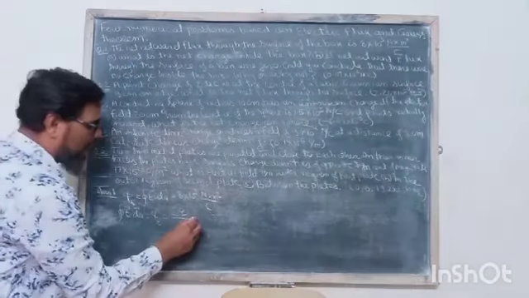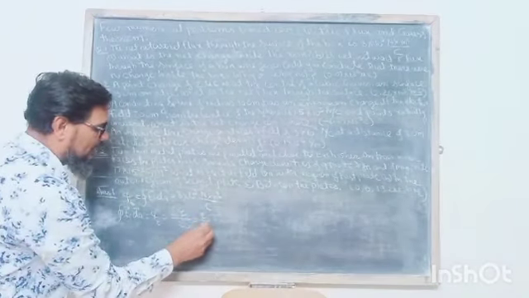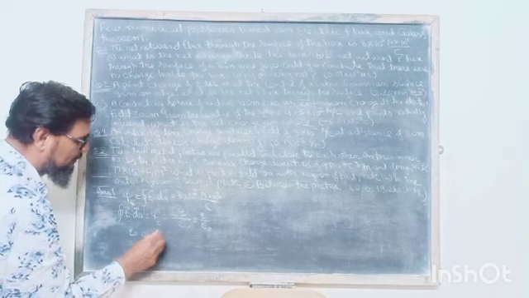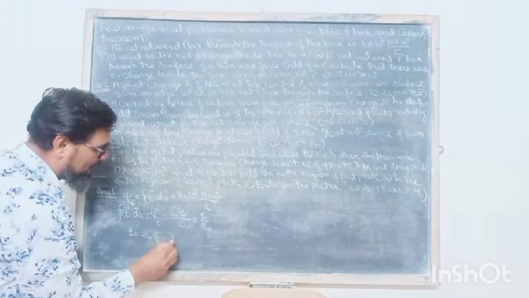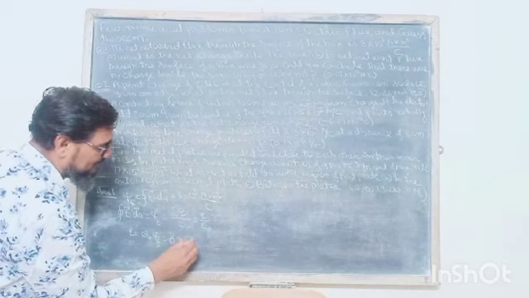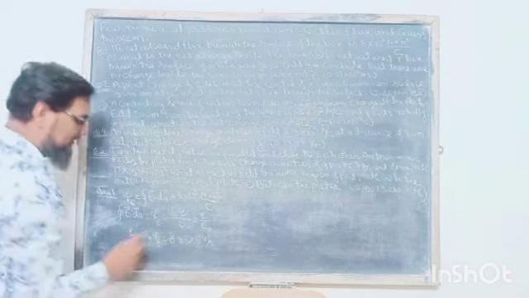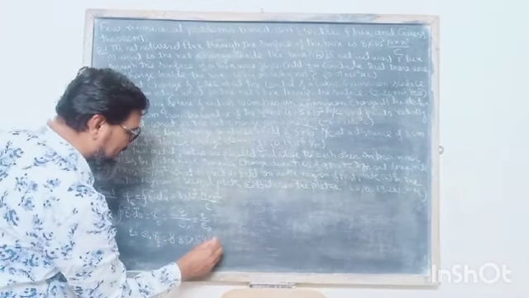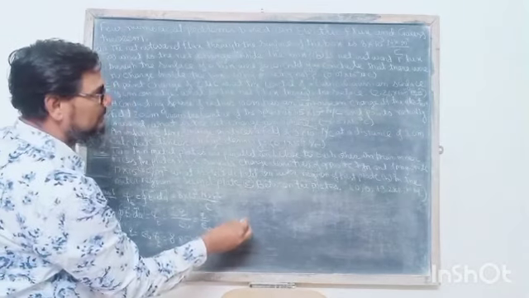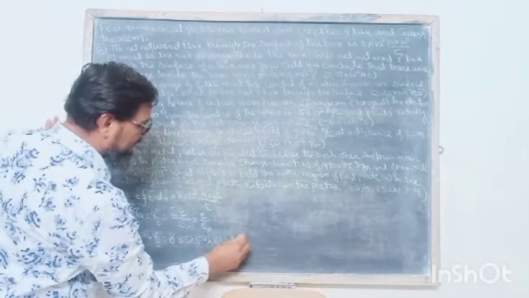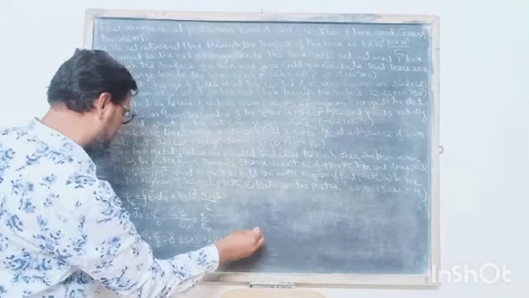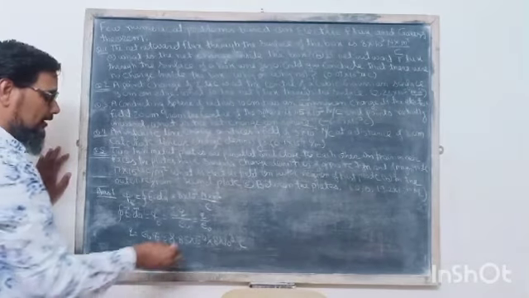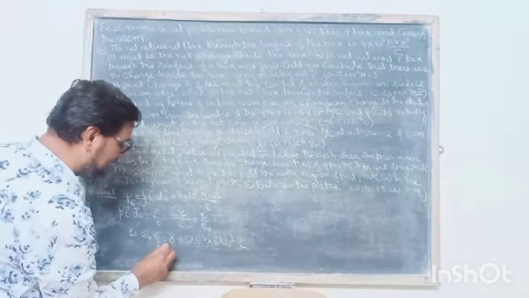So, if we want to calculate the value of charge, Q is equal to epsilon naught phi E. The value of epsilon naught is 8.85 into 10 raised to the power minus 12, into the value of flux 8 into 10 raised to the power 3 Newton meter square per Coulomb. So the answer will be in Coulomb.